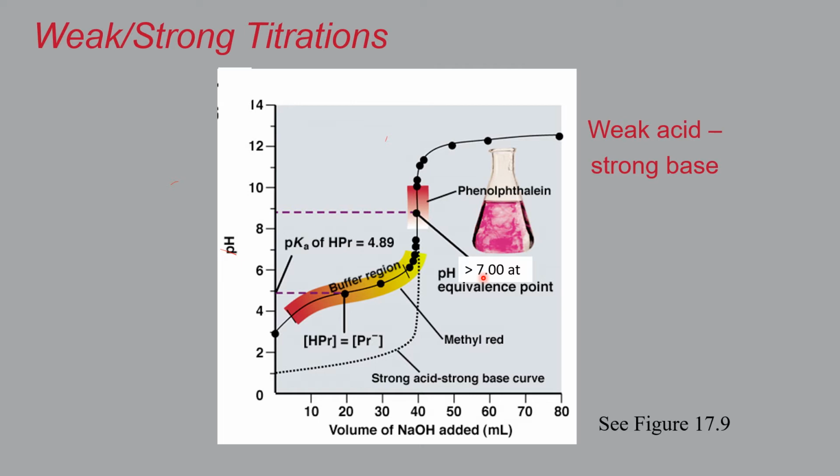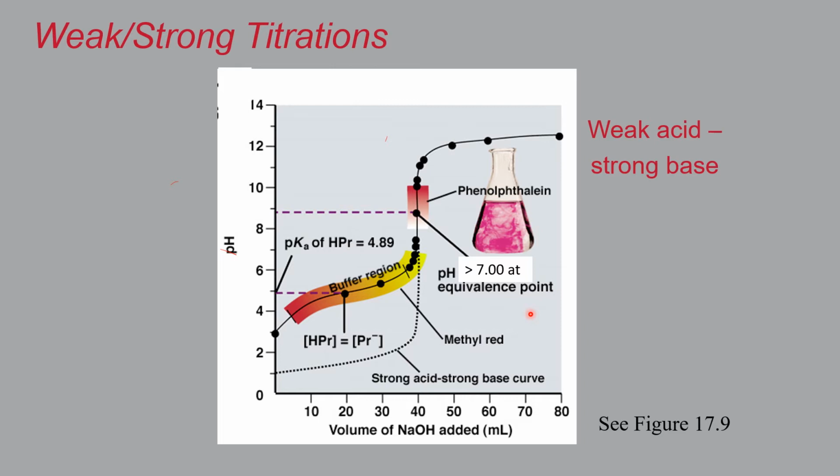Well, what you have at this point is a whole bunch of the conjugate base of the original acid. You've got a whole bunch of propionate, which is itself a weak base, so the pH is a little high. And after that, there isn't really much difference, because the pH after the equivalence point in both cases is dominated by just the excess hydroxide, which is the same either way.